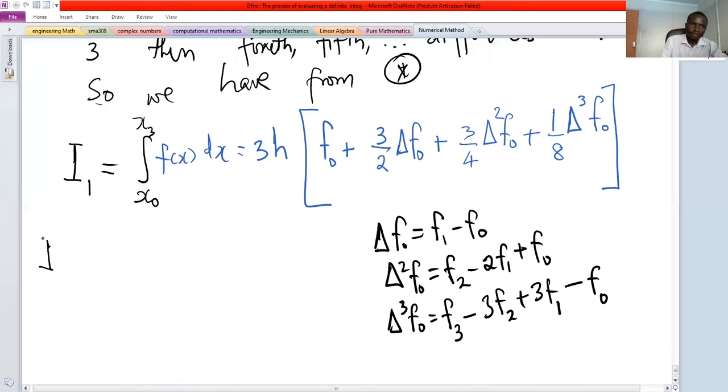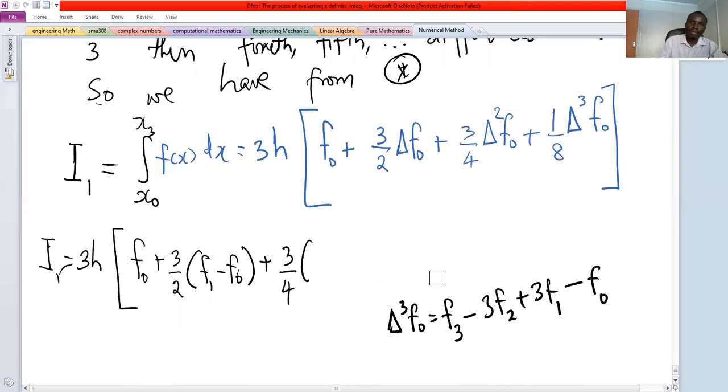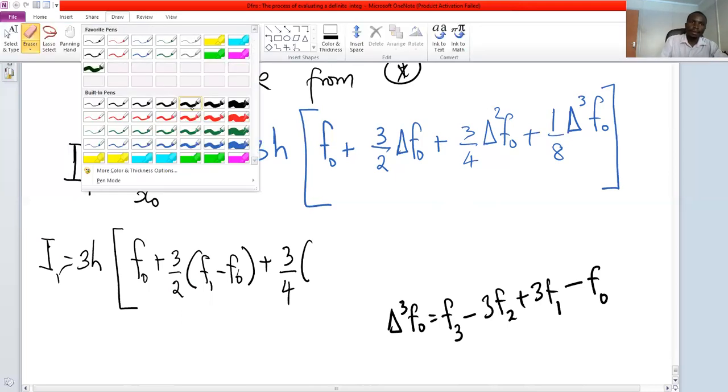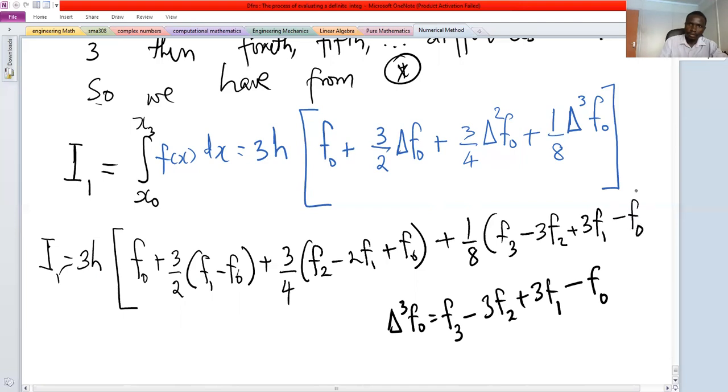So we'll have I1 equals to 3h into f0 plus 3/2 into f1 minus f0 plus 3/4 into, so where there is second forward of f0, we substitute its equivalent value, f2 minus 2 f1 plus f0, plus 1/8 into f3 minus 3 f2 plus 3 f1 minus f0. So let's simplify this.